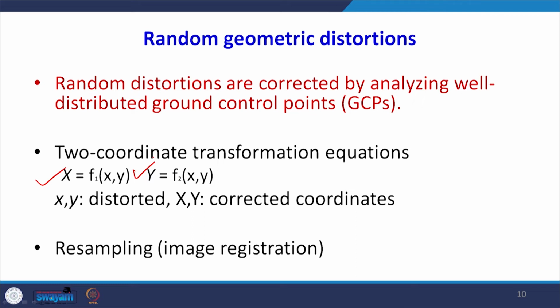This is one thing we do with the help of the ground control points, and the second process is the resampling process. These two processes are applied simultaneously in order to minimize the error.